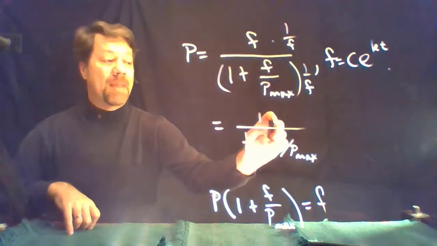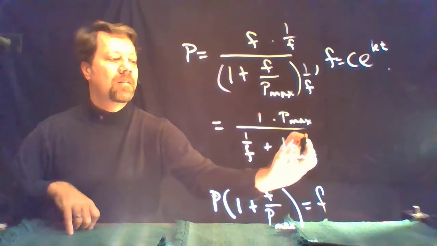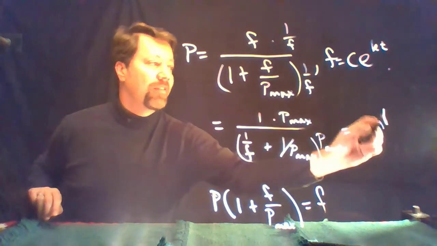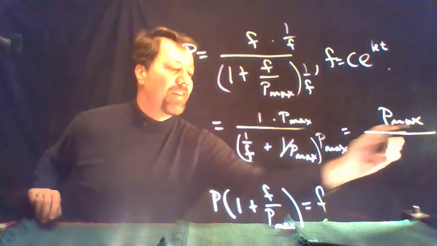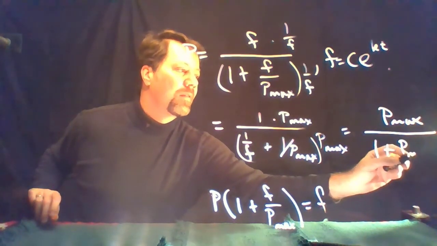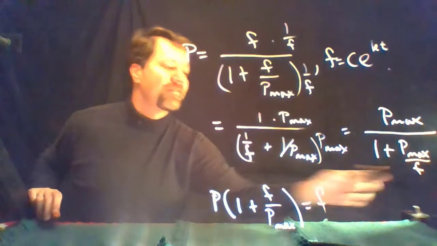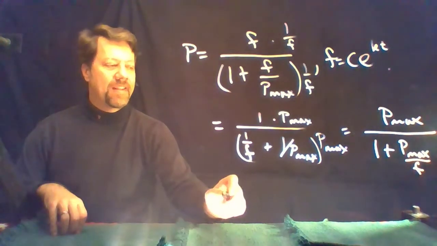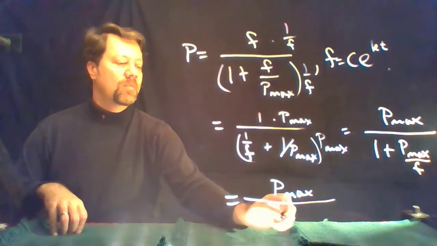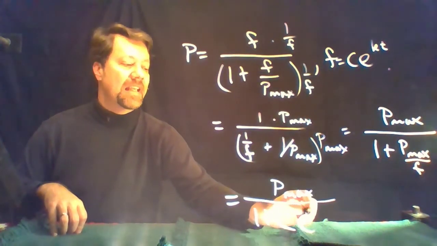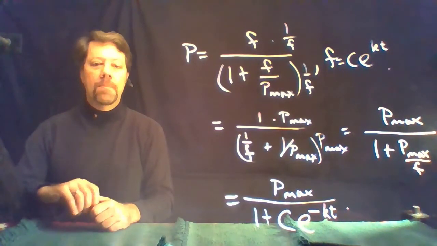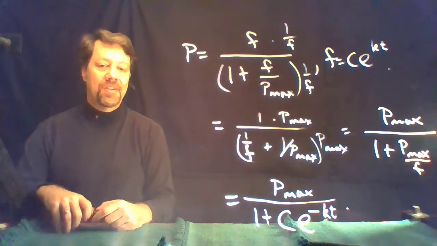Multiplying top and bottom by p max, we'll have p max divided by 1 plus p max divided by f. We can simplify this as p max over 1 plus a constant of integration times e to the negative kt, where we have absorbed the constant p max into the arbitrary constant c.